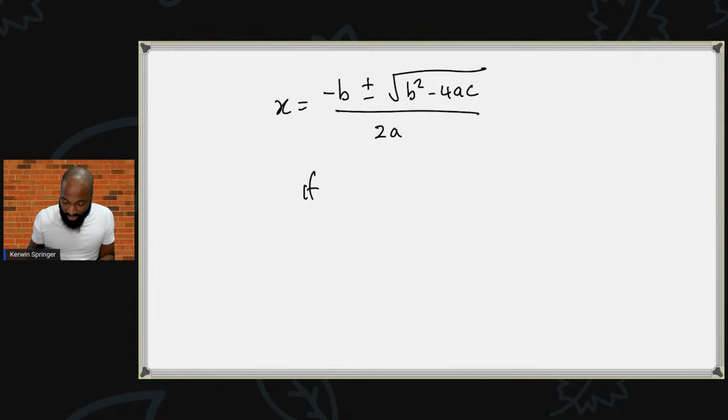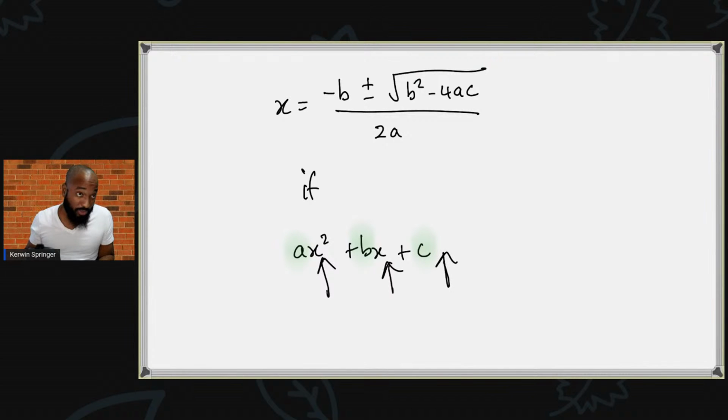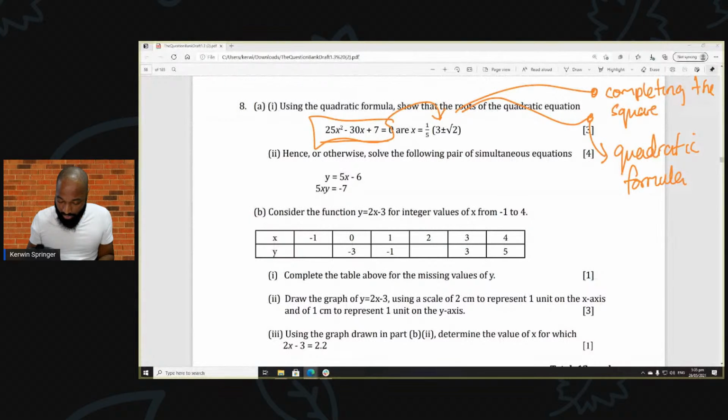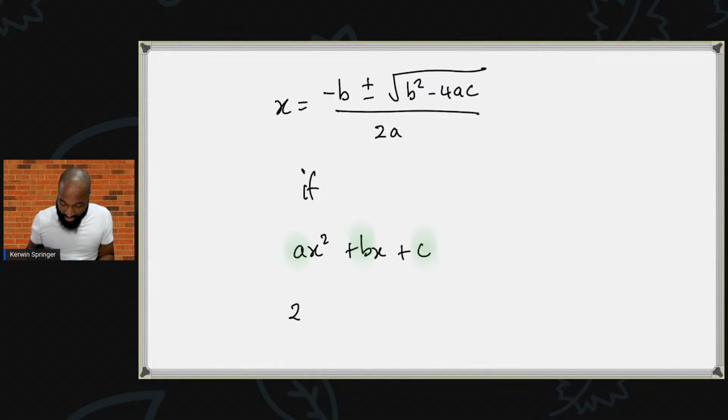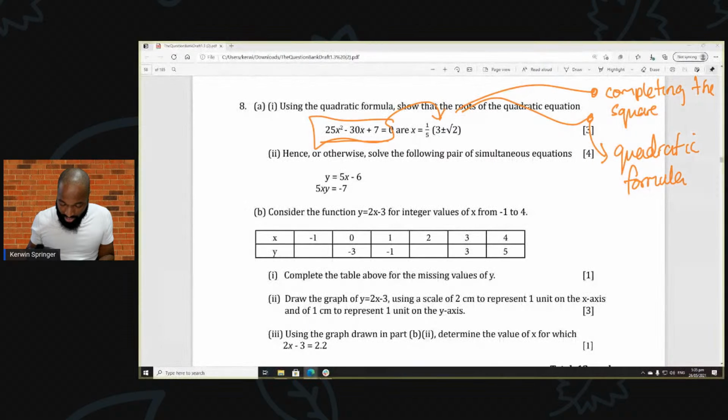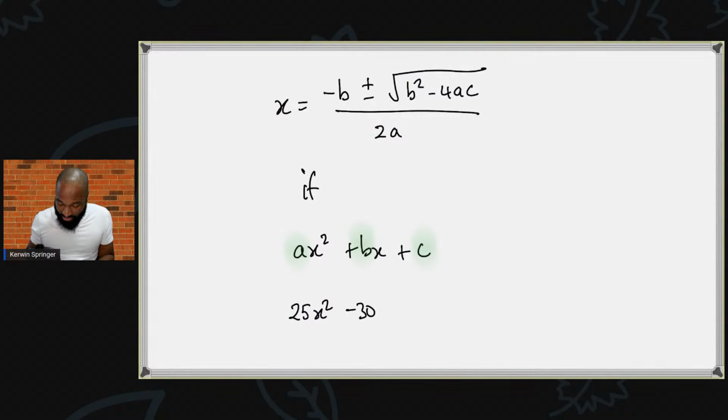Quadratic formula says that x is equal to negative b plus or minus the square root of b squared minus 4ac all over 2a, if you have the quadratic in the form ax squared plus bx plus c, where a, b, and c are the coefficients of x squared, x, and x to the power of 0, meaning no x, respectively. So in this equation, what we have is 25x squared minus 30x plus 7.